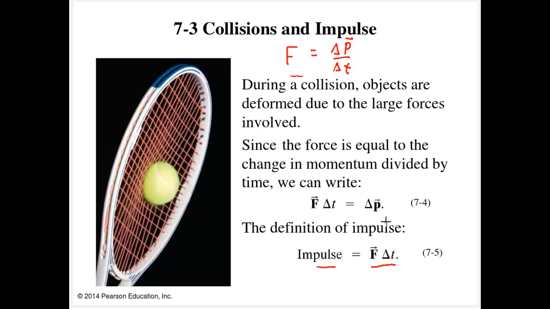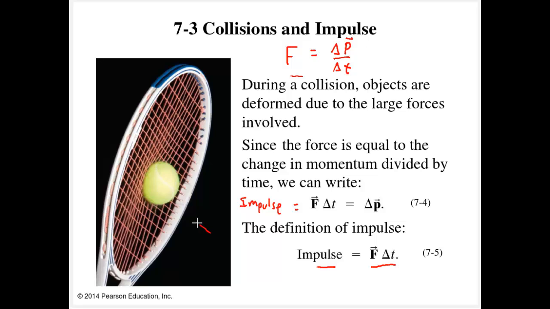So we really have two ways to go about calculating the impulse. We can calculate it knowing the force and the amount of time that's involved, or we can calculate it to be the change in momentum.